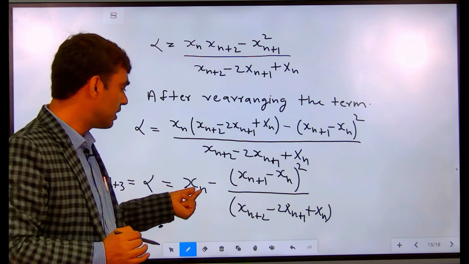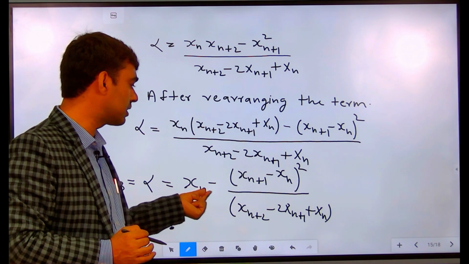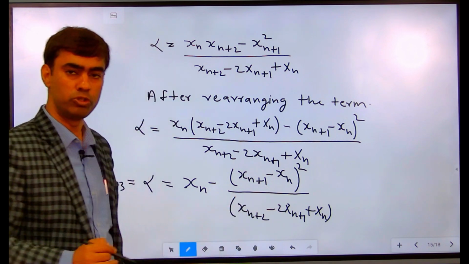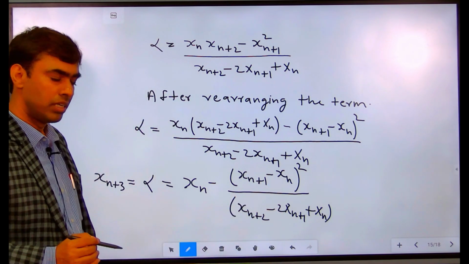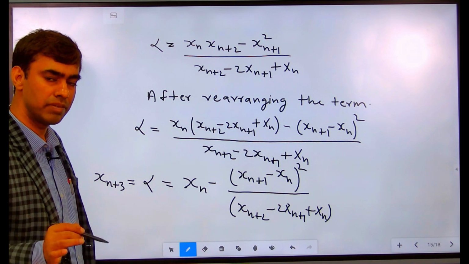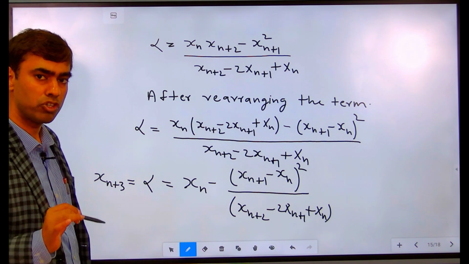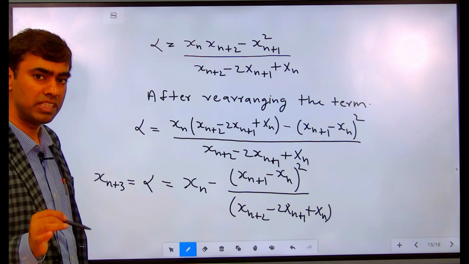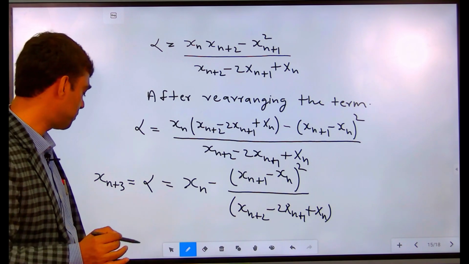Because there are already 3 terms, xn, xn plus 1 and xn plus 2. So, this one is also a limitation of Aitken's method. Aitken's method is only applicable if we have 3 approximate values, 3 known values, and those 3 known values we obtain with the help of a fixed point method.